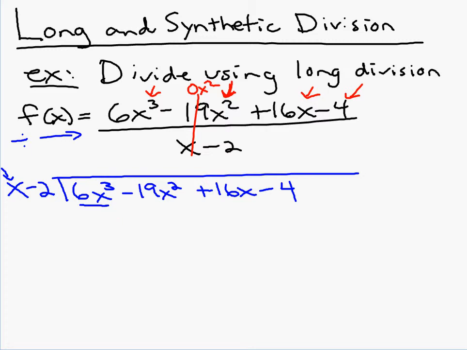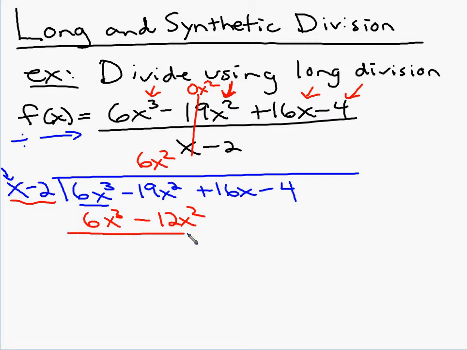So we put the 6x squared right here, and then I multiply that 6x squared by what I'm dividing by. So this will be 6x cubed minus 12x squared. Now, if you do this correctly, your like terms should line up, just like mine did.